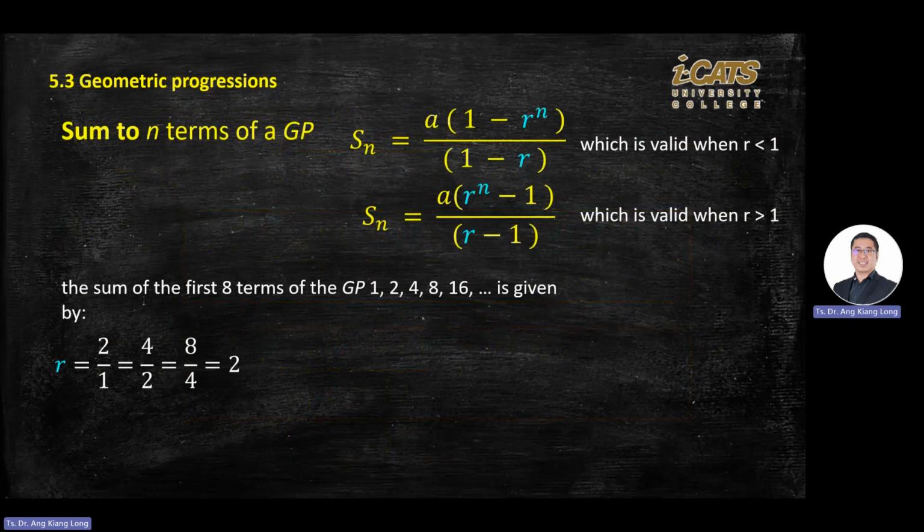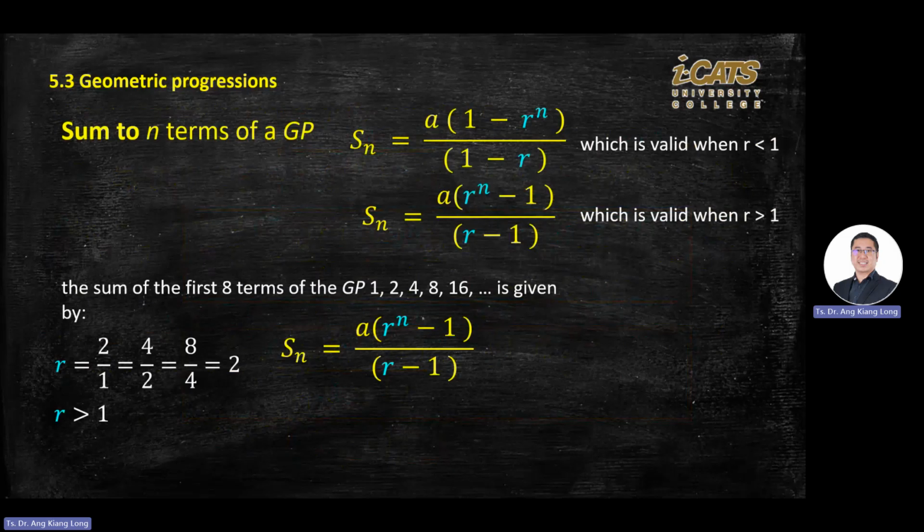After we complete chapter 7, which is integration. So here R is more than 1, so you use the second one. Apply the second one. Substitute A is 1, R is 2, and n.